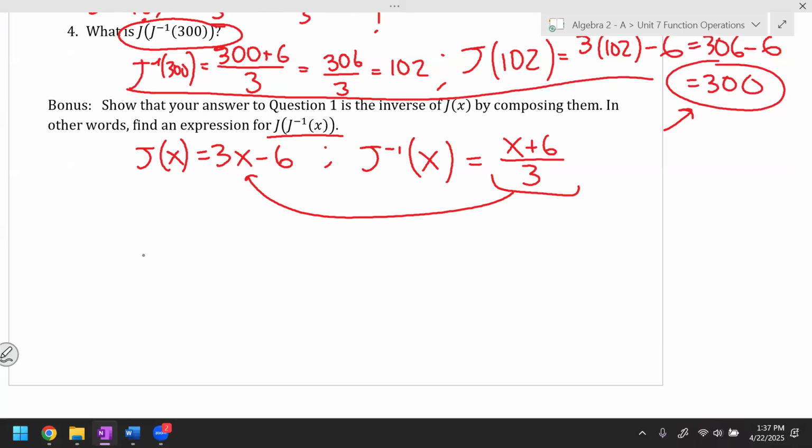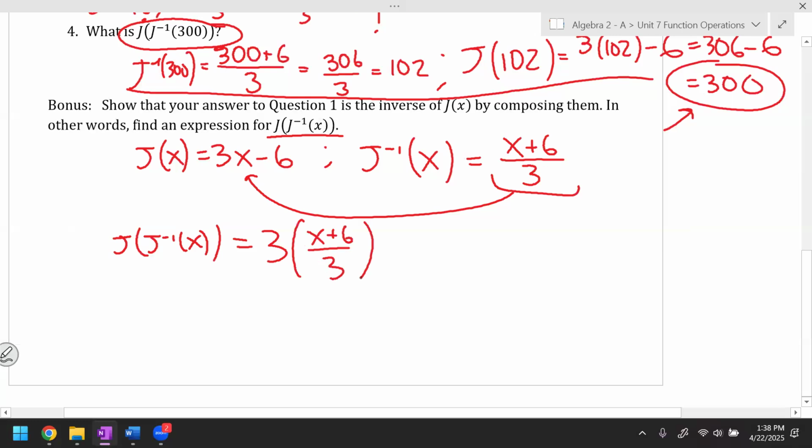All right, so let's just do it. So j of j inverse of x is simply 3 times, well, this whole thing, x plus 6 over 3, minus 6. And if I put parentheses around the top here, I can see that 3 times something divided by 3 is simply x plus 6 minus 6 again.